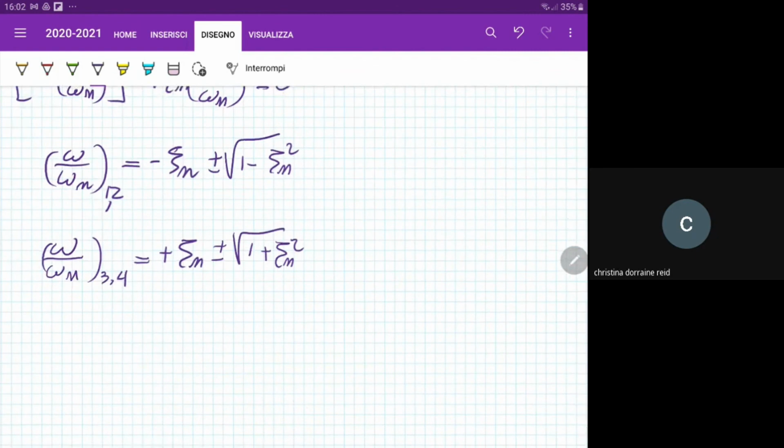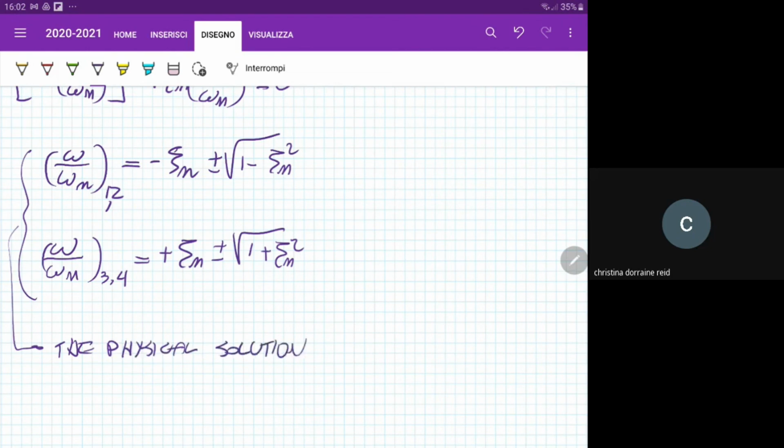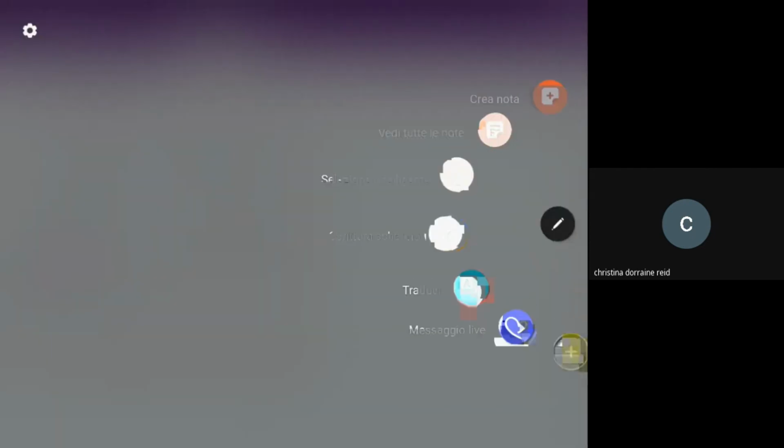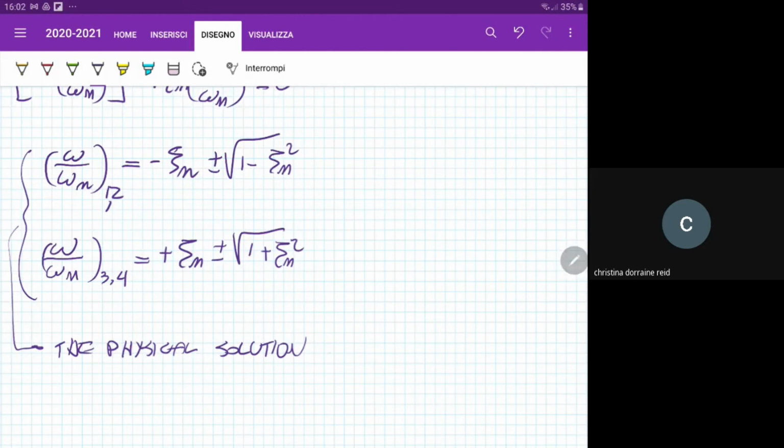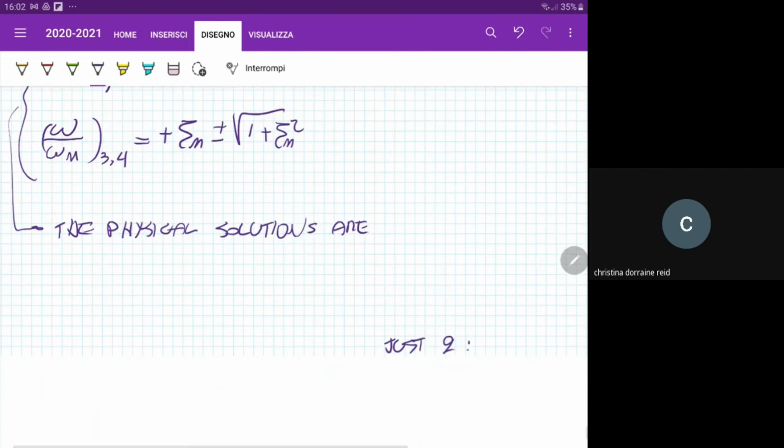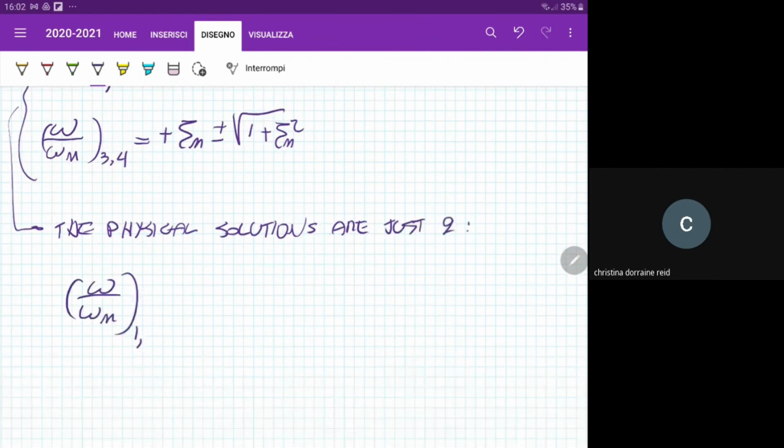By taking just the physical values of this solution, there are just two, and these are omega over omega n 1, 2, equal to minus zeta n plus or minus the square root of 1 plus zeta n squared.